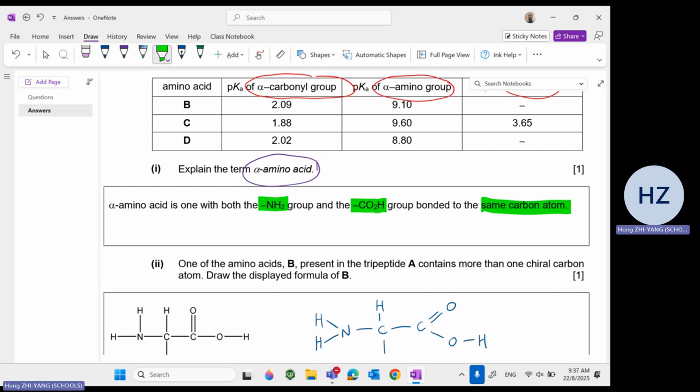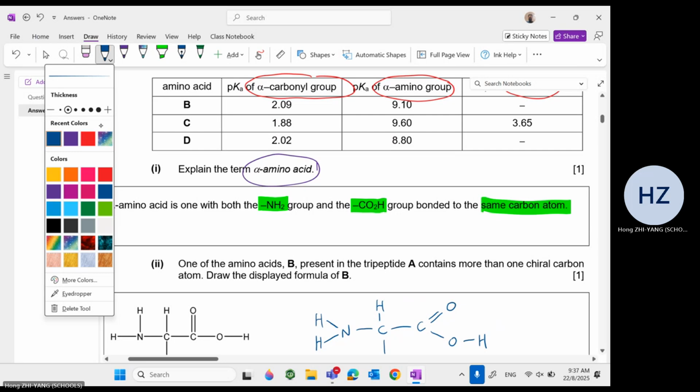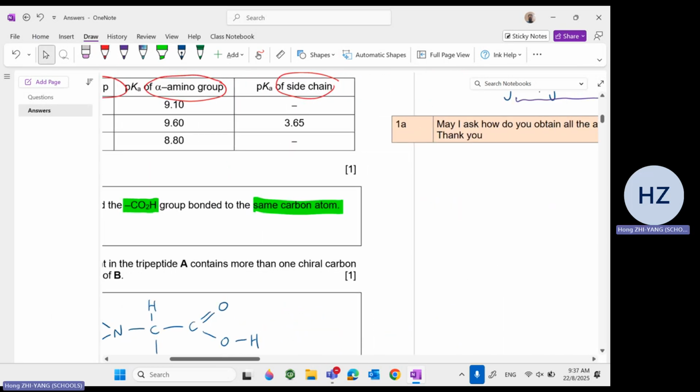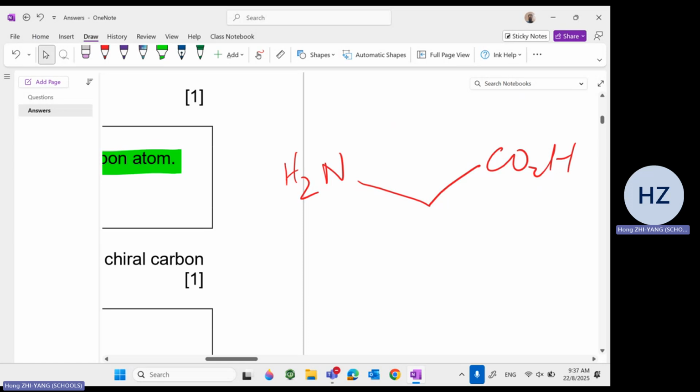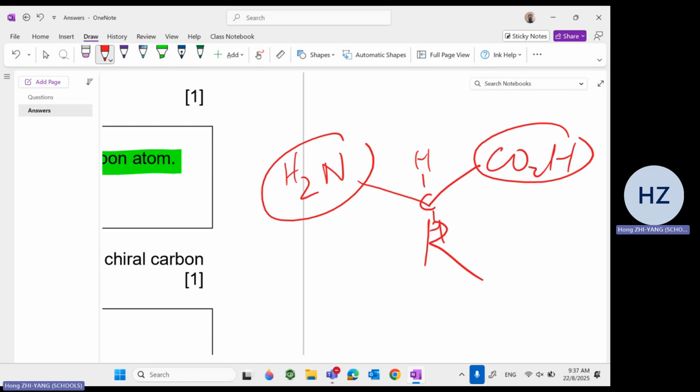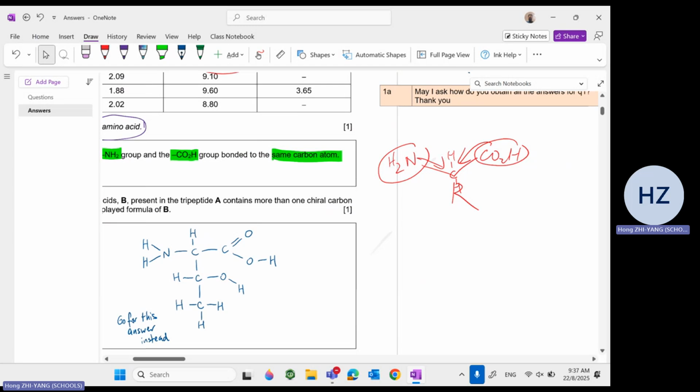This carbon atom is called the alpha carbon. Basically, when you see your amine and your carboxylic acid with a V sign like this, this V sign is not a V, it's actually CH2. There's a CH2 here. So this and this, sorry, this is the R group. So this and this are all bonded to the same carbon. That's the definition here.